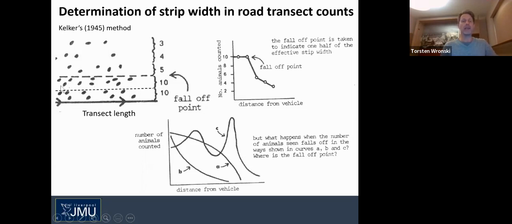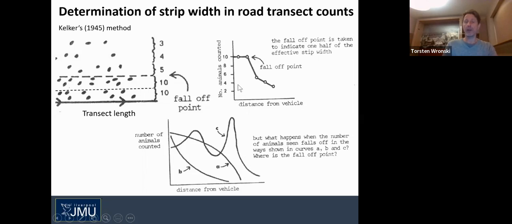And within this distance, he counted 10 animals. In the second category, 10 to 20 meters away from the transect line, he counted again 10 animals. In the next section, 20 to 30 meters away from the transect line, he had only 5 animals counted, then 4 and 3.